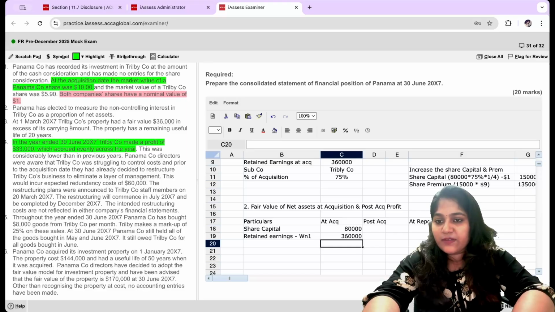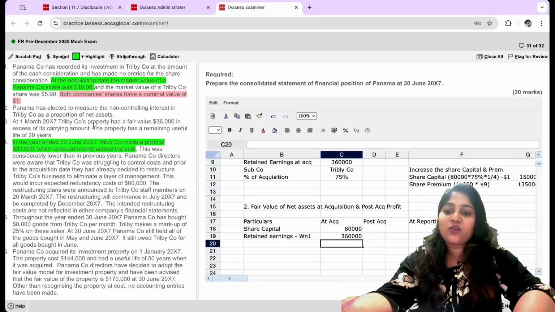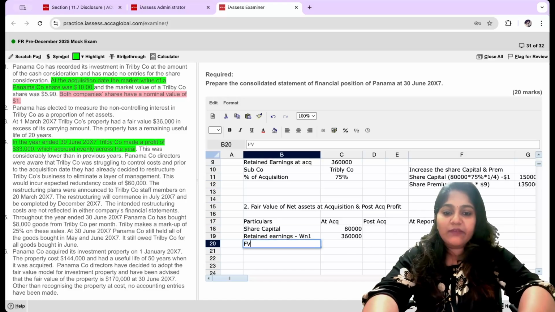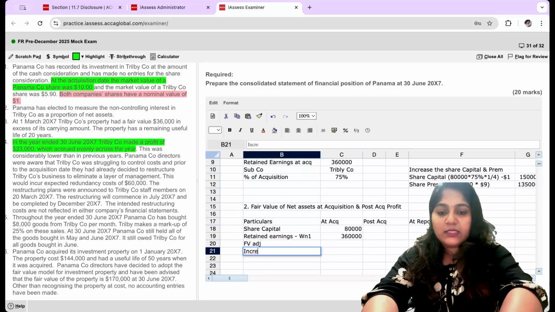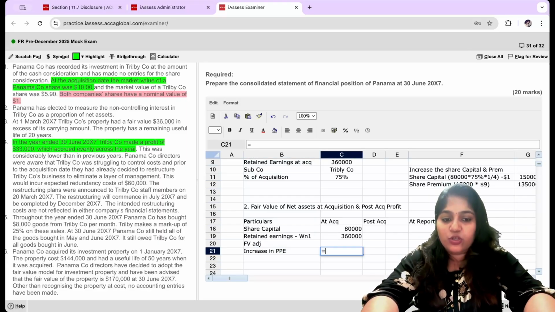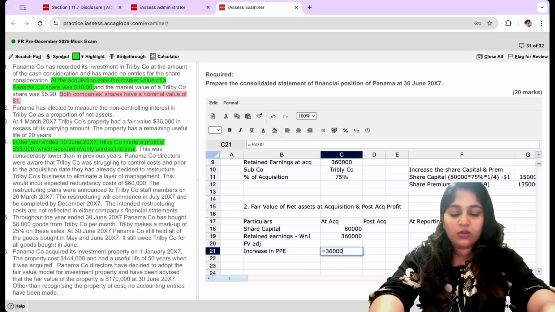At 1st March X7, Tripoli Company's property had a fair value of $36,000 in excess of its carrying amount. I have a fair value adjustment. There is an increase in the asset value. So, increase in property, plant and equipment. It's my job to add how much? $36,000.